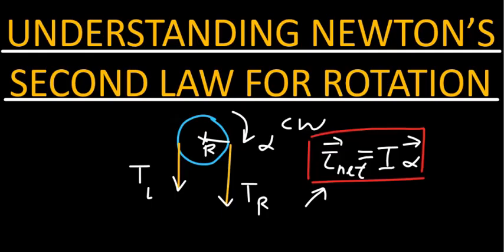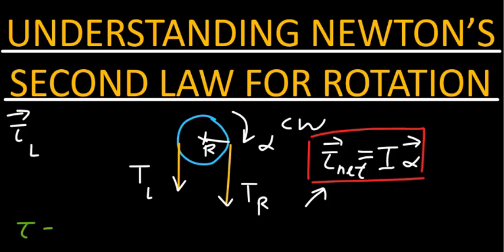So how do we calculate the net torque in this case? There are a couple of forces, and each of them would produce a torque. So the vector sum of these two torques will produce the net torque. So let's do one by one. Let's calculate the torque due to the left-hand side tension. Let's first do the direction.